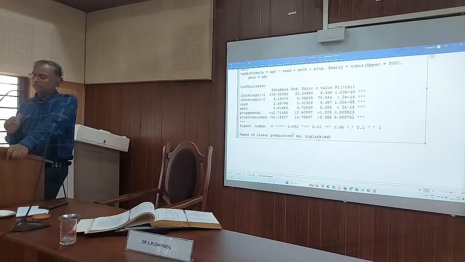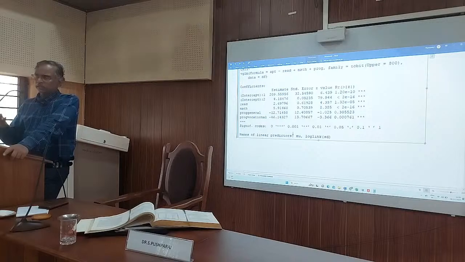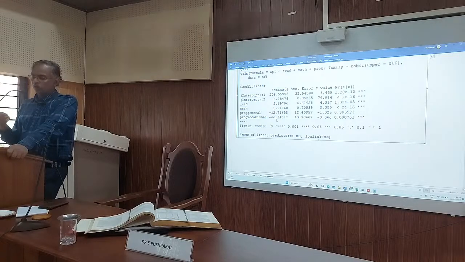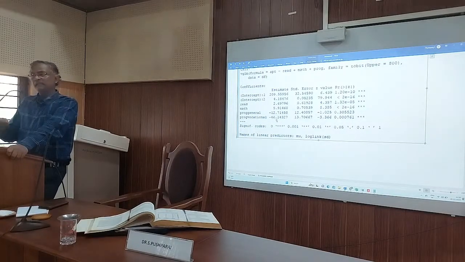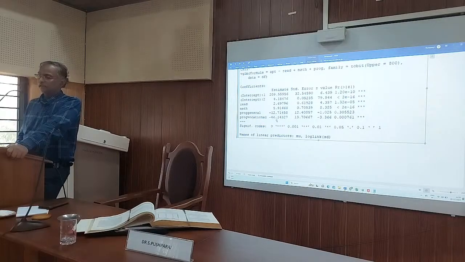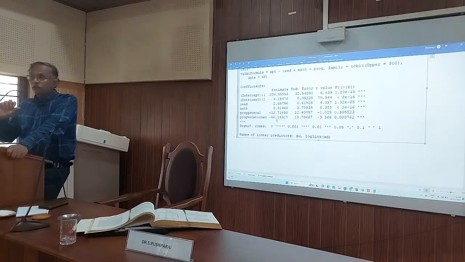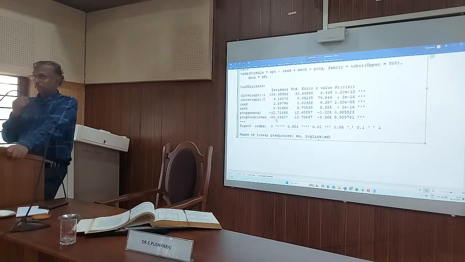Here, intercept 1 and 2 have different meanings. Actually, I'll just send you the document. I can read it. We can see that the aptitude on average increases by 2.69 units for every unit increase in reading score.